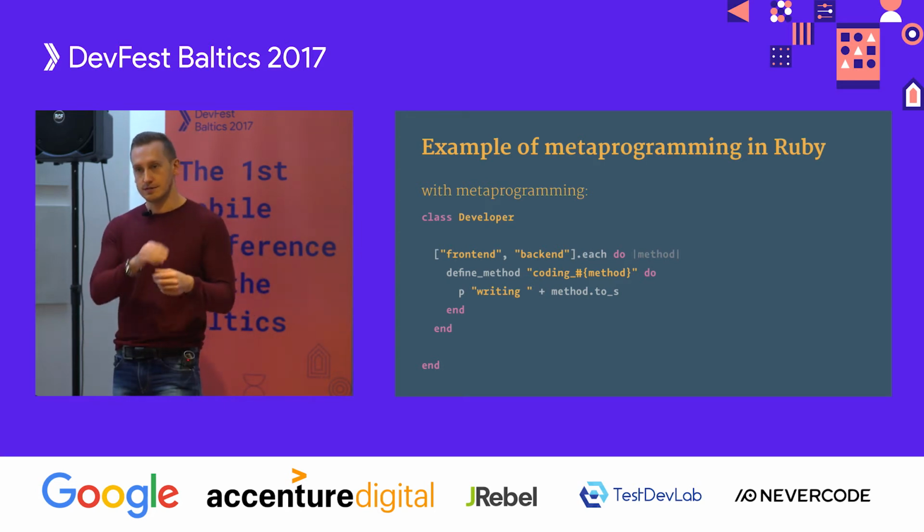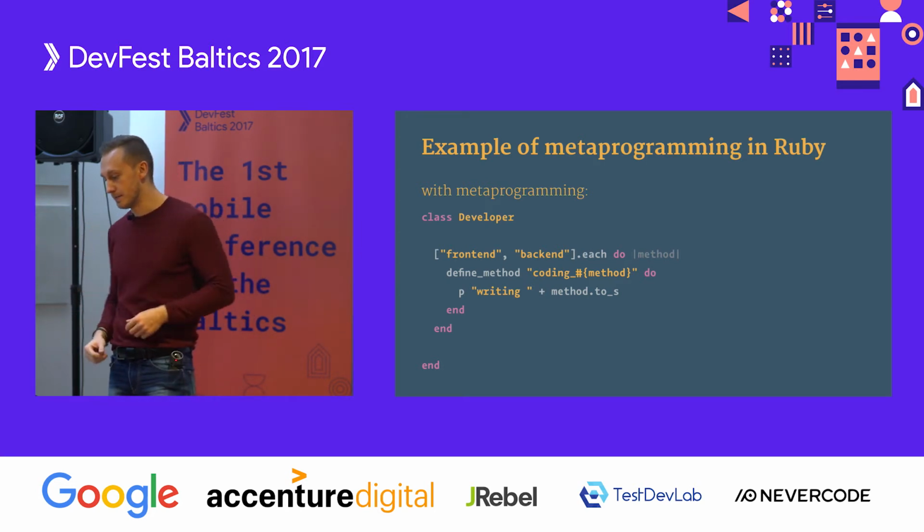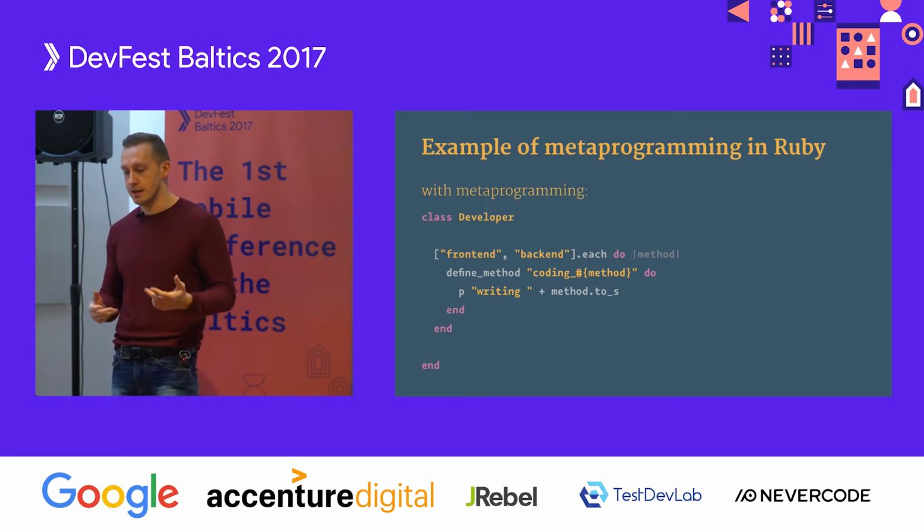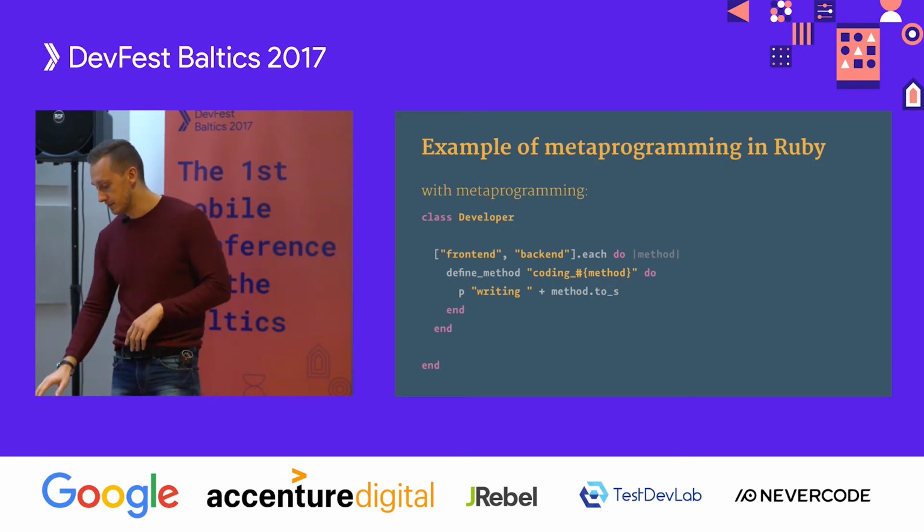The method name is coding plus the argument, and then the code looks the same. So I can write it once, test it once, and write a test for this metaprogramming code. If a bug is found in the implementation and I fix it in one place, it's fixed everywhere. Rather than having to go into multiple source files and figure out where the repetition was, this is already taken care of.